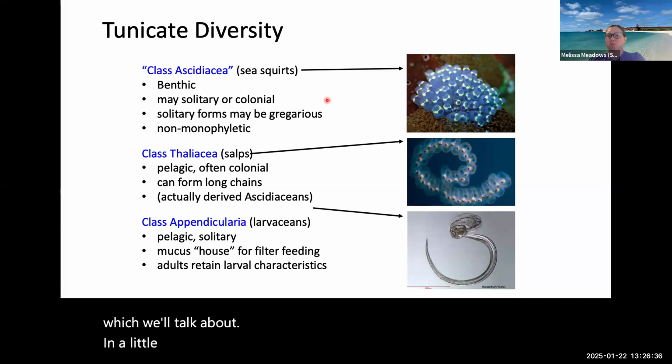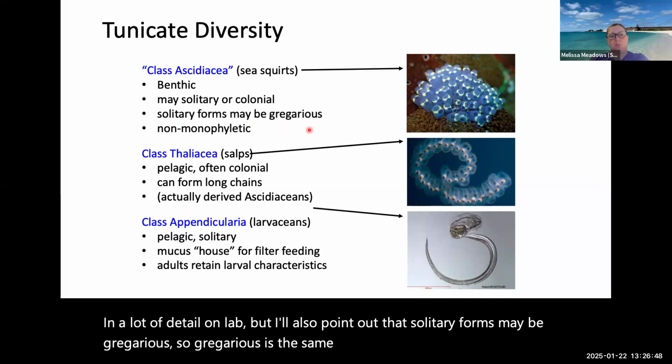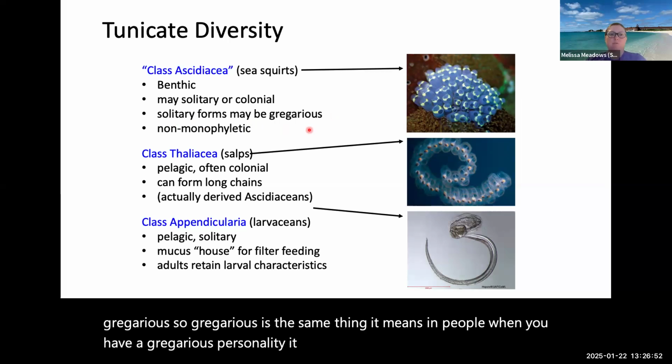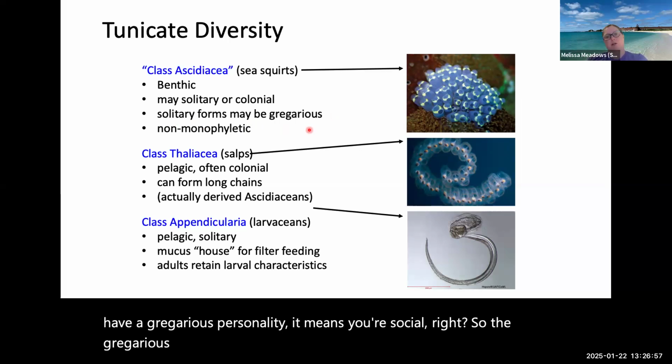And you'll also see in a lot of detail in lab. But I'll also point out that solitary forms may be gregarious. So gregarious is the same thing it means in people. When you have a gregarious personality, it means you're social, right? So the gregarious or social sea squirts, they like to settle close to each other, right?